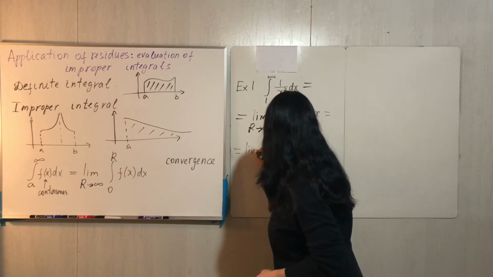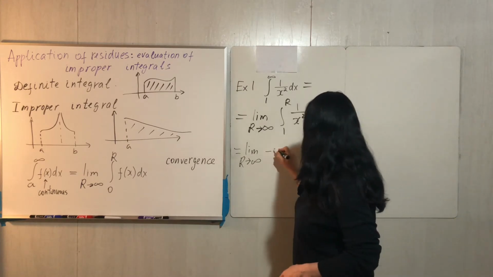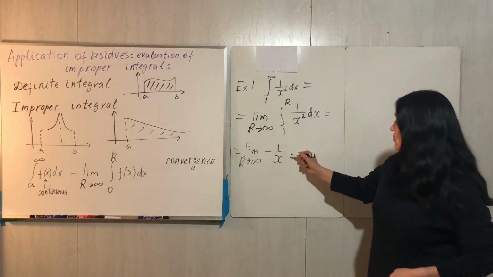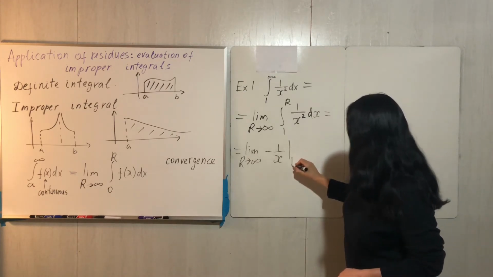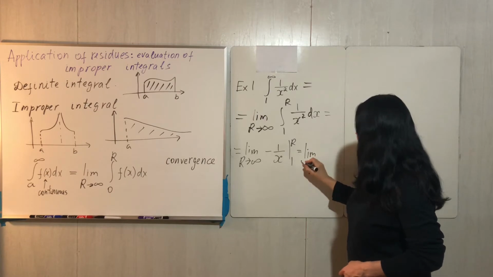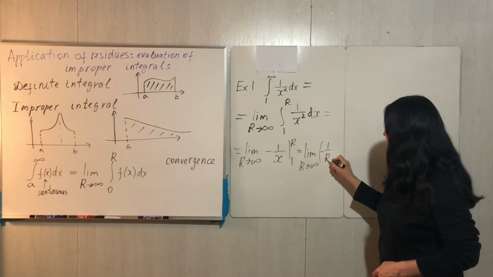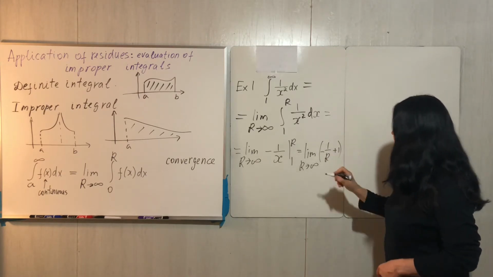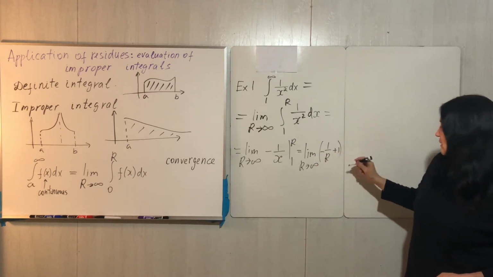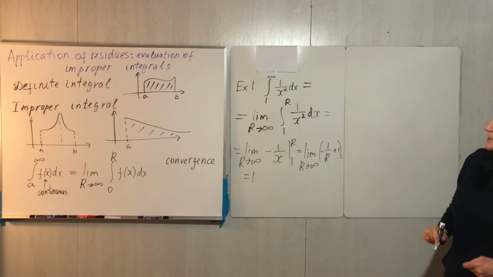Then we find the antiderivative, which is negative 1 over x, and the substitution from 1 to r gives the limit as r goes to infinity of negative 1 over r plus 1. This number goes to 0, and the whole limit gives us the number 1. So in this case, the integral converges.